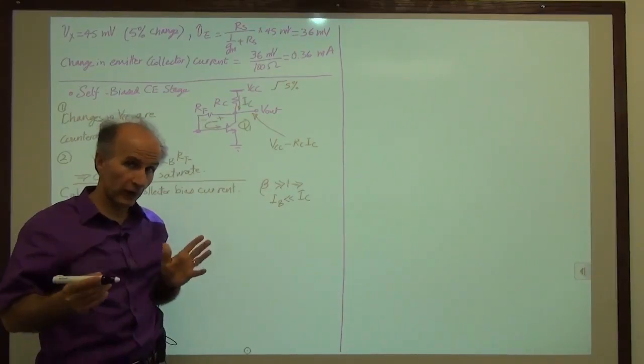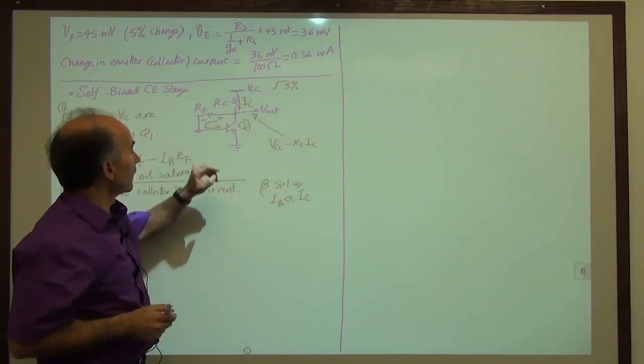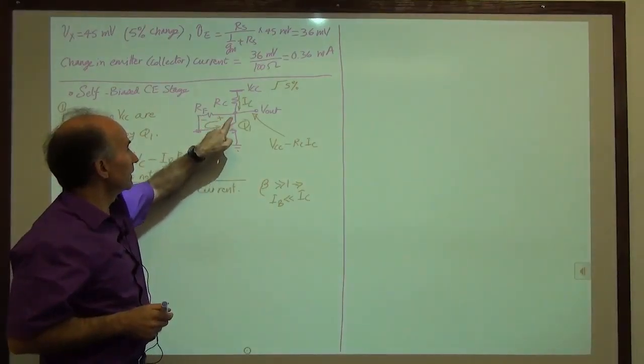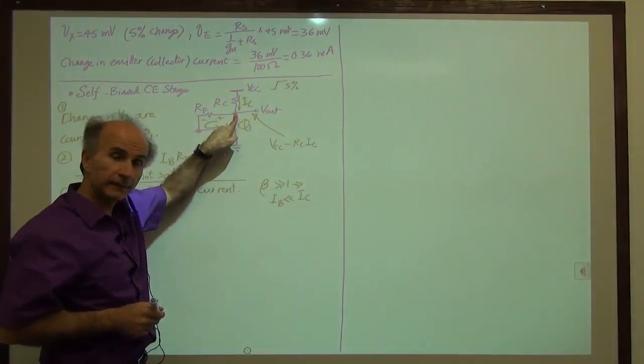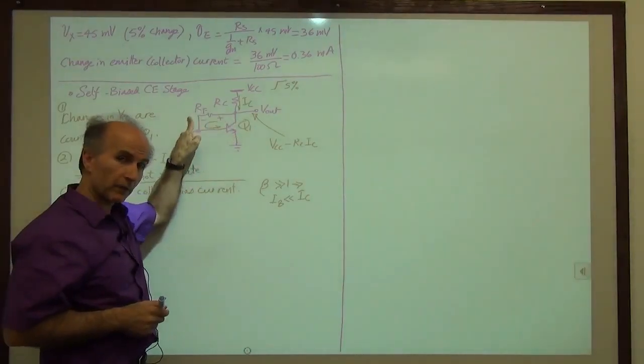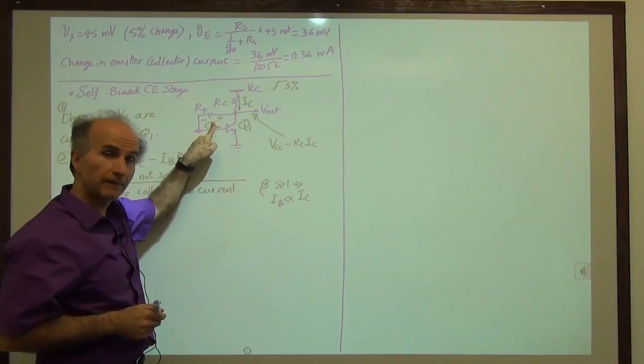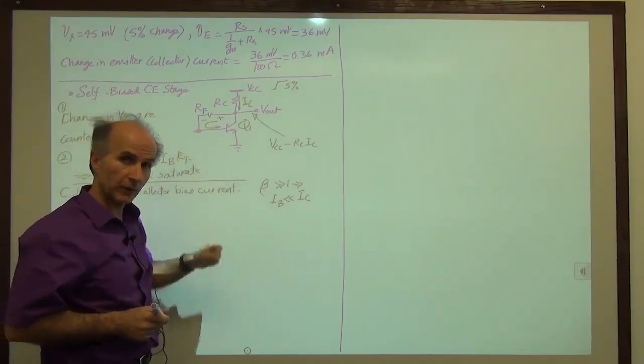Okay, so I'm still trying to find IC. Now, I will go this way. I know the voltage here, and I have a certain drop across this resistor equal to RF times IB. So that gives me the base emitter voltage.